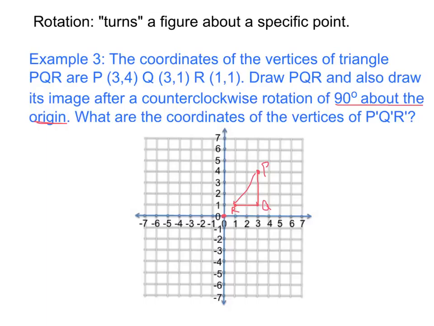Now, we are asked to rotate this counterclockwise. All I have done here is drawn this black triangle so that I can physically show you how it is going to rotate about this origin. Since we are only rotating it 90 degrees, notice we are one step away from the y-axis. So when we rotate this 90 degrees, it would be right over into this second quadrant.